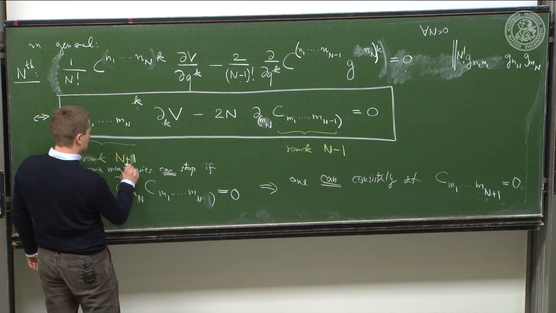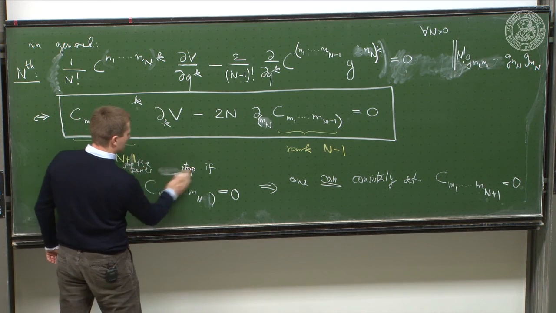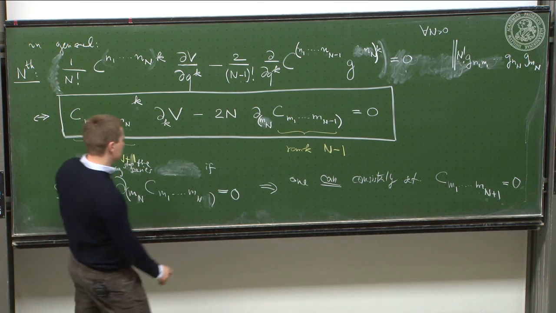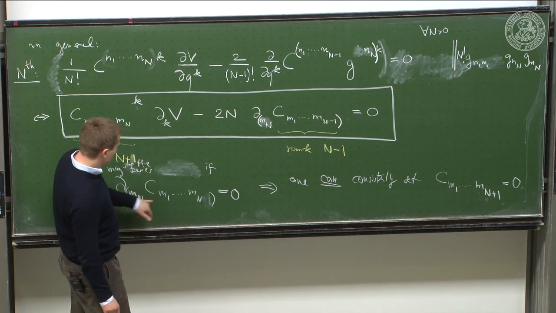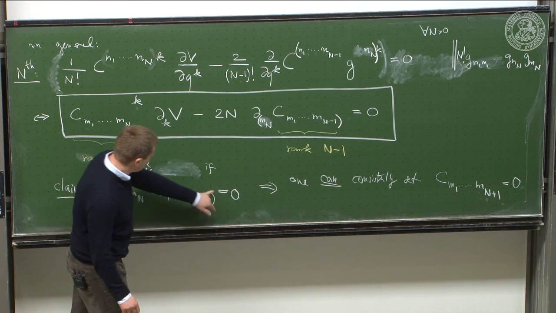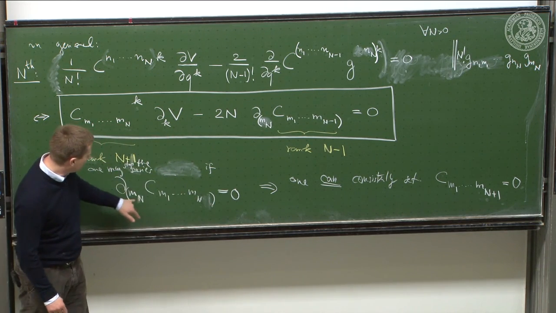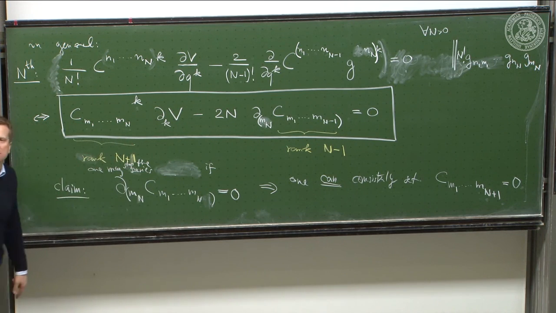One may stop the series if you can find that a coefficient is such that this derivative totally symmetrized is 0. Okay, why is this the case?